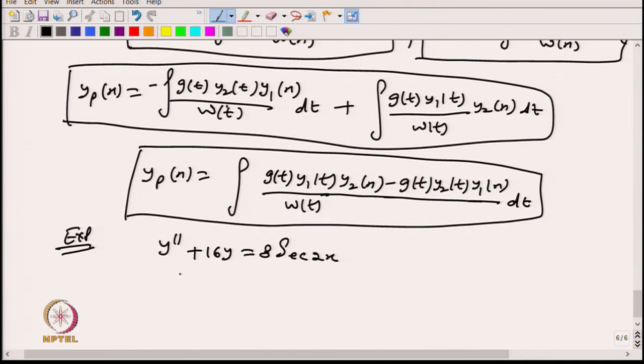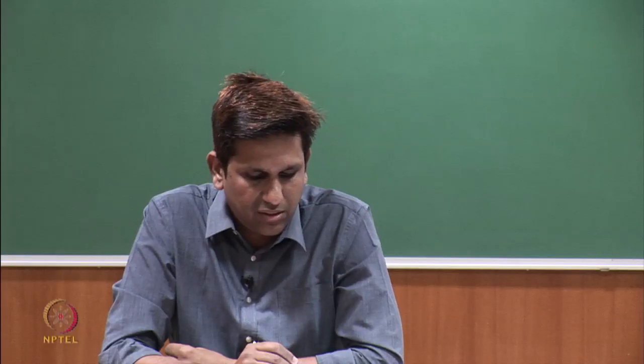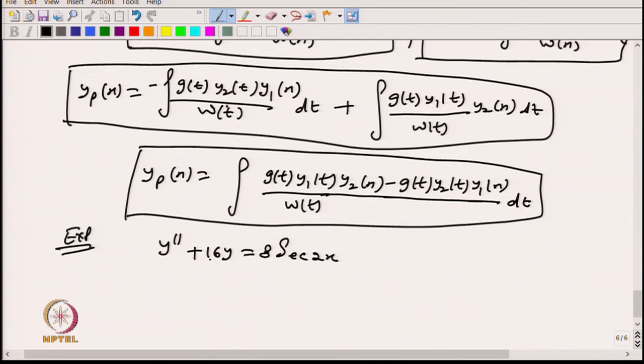In this case the left hand side is a linear equation with constant coefficients, with a0 as 1 and a1 as 16, but the right hand side function f(x) is 8 secant 2x.